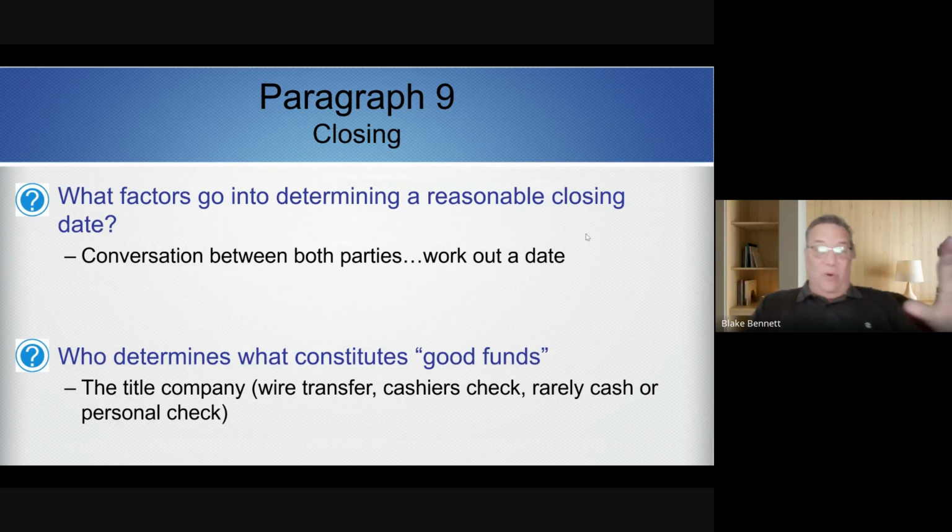I can tell you a horror story here. Real estate agent back during COVID, they had a contract. They were representing the buyer. Real estate agent's email gets hacked. Hacker goes in, sees all the emails back and forth with buyer, and the hacker sends an email from the real estate agent's email address giving them wiring instructions.